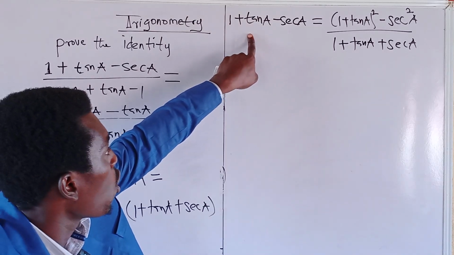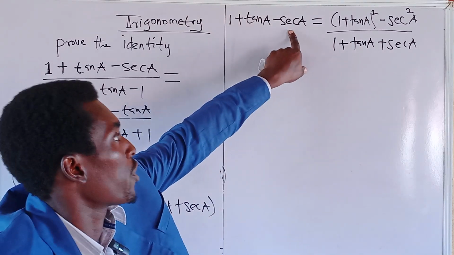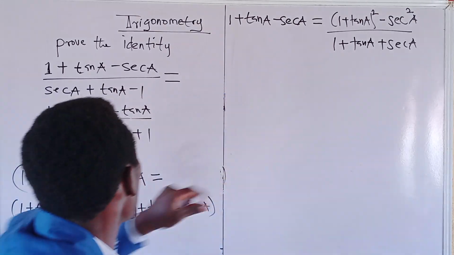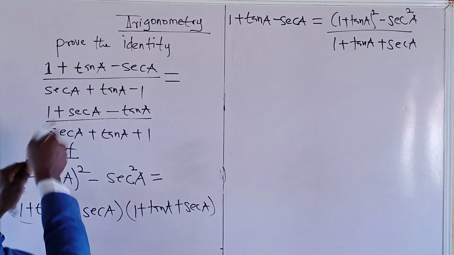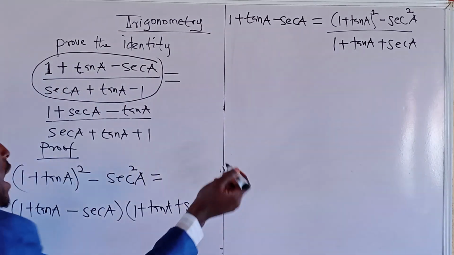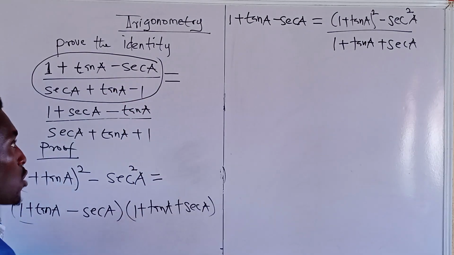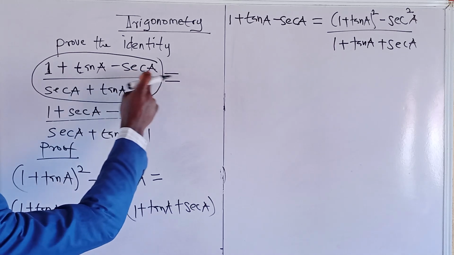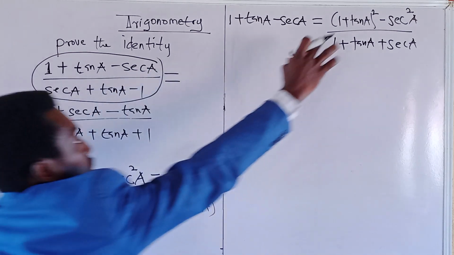So we can replace this entire expression by this left-hand side expression. I want to avoid repetition, so in place of 1 plus tangent of A minus secant of A, I shall put this expression there.